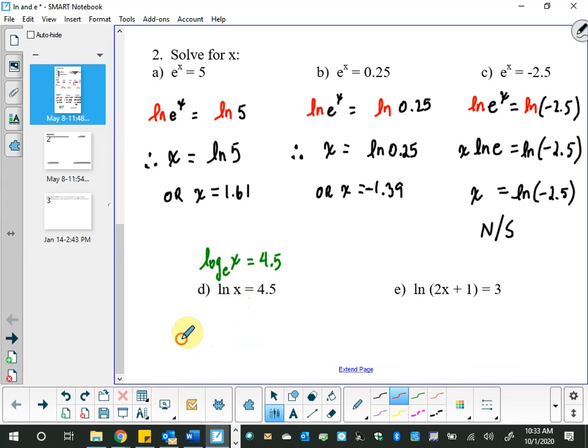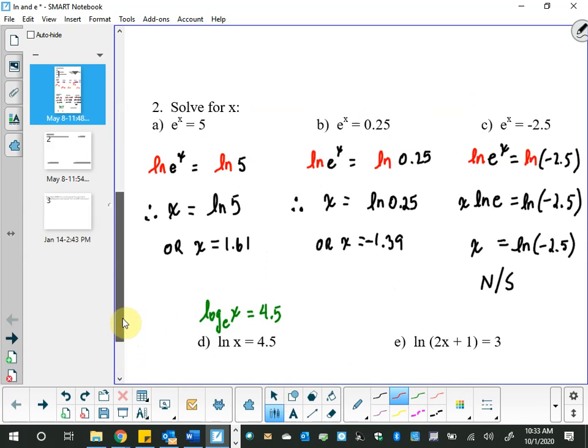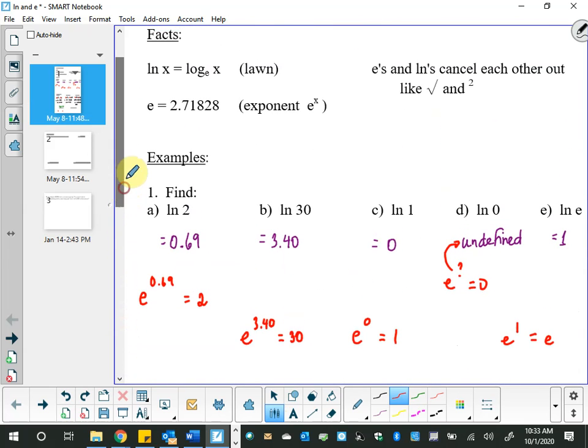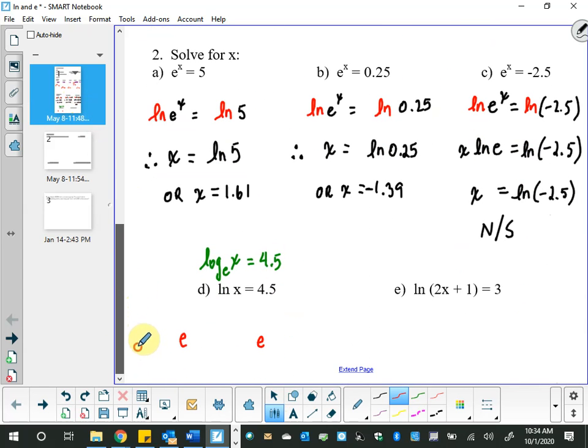You, and this is totally bad language, e both sides. But e has to be used with an exponent. So when you e both sides, this ln x becomes an exponent, and this 4.5 becomes an exponent.